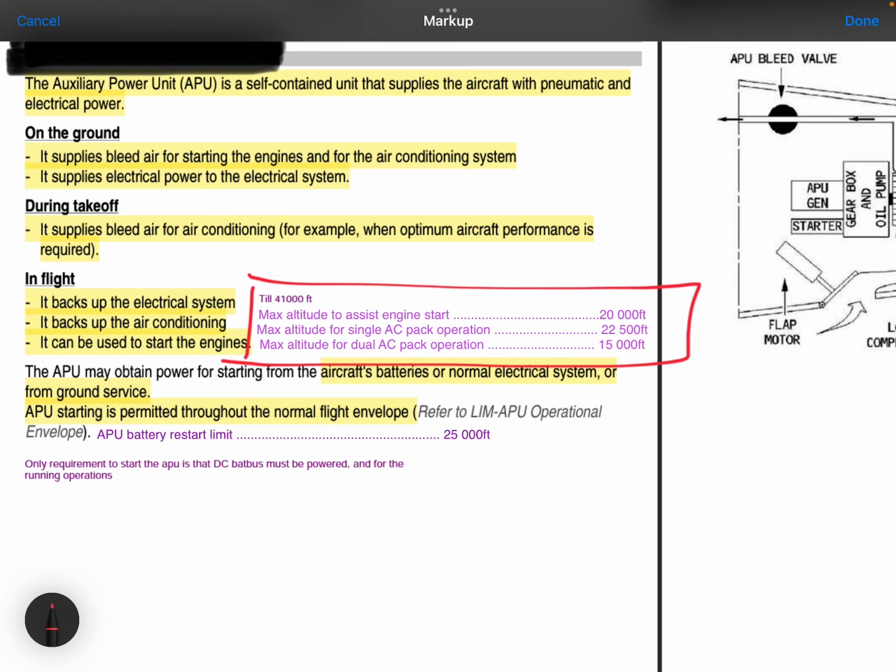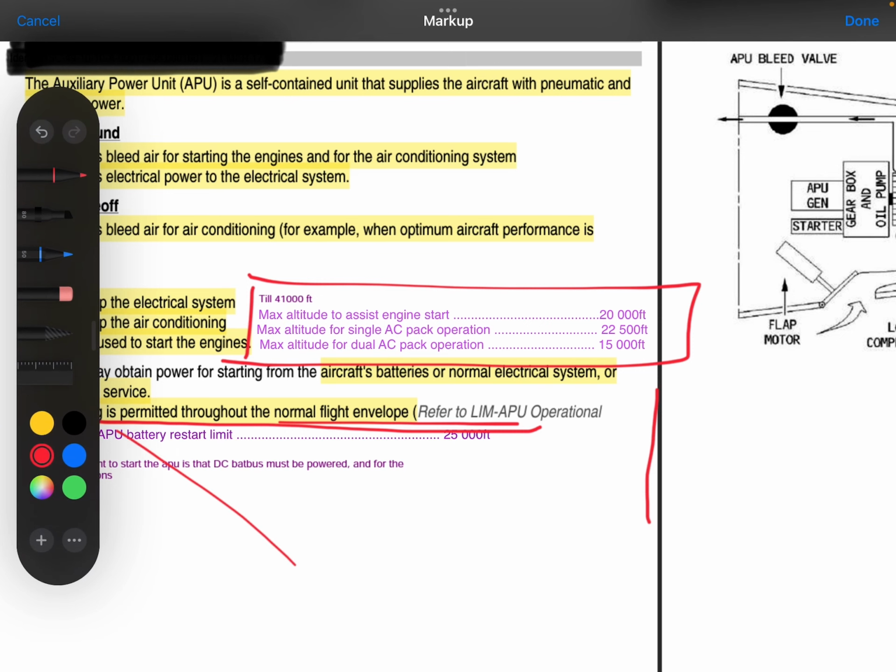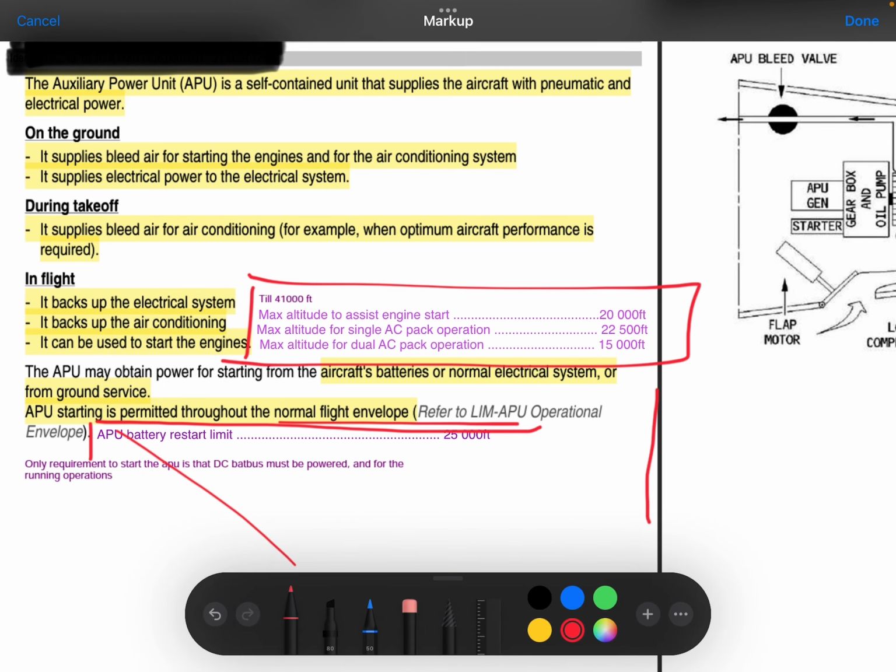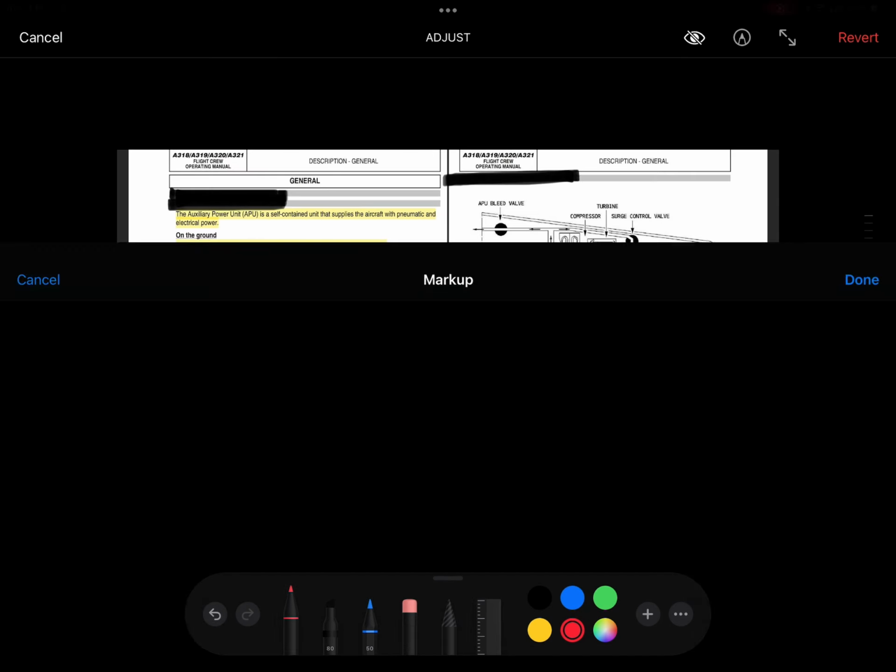Maximum altitude for engine start, single pack operations, dual pack operations, and up to what altitude batteries can help to start the APU. Okay, and in the end, the DC BAT bus must be powered for running operations of the APU, right?